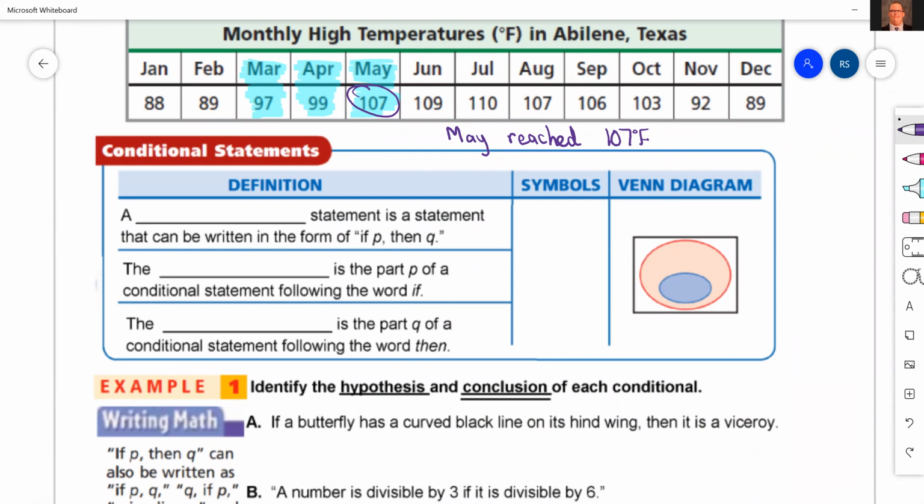So a conditional statement is a statement that can be written in the form if P, then Q. If you give a mouse a cookie, then he will ask for a glass of milk. That's a conditional statement.